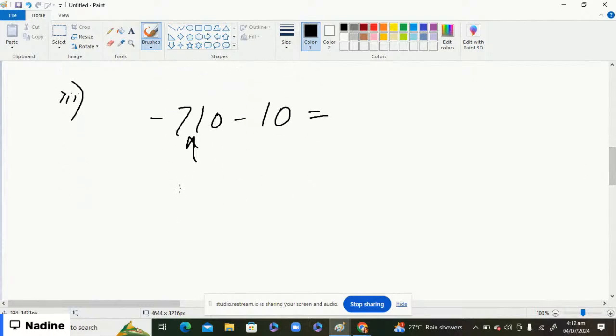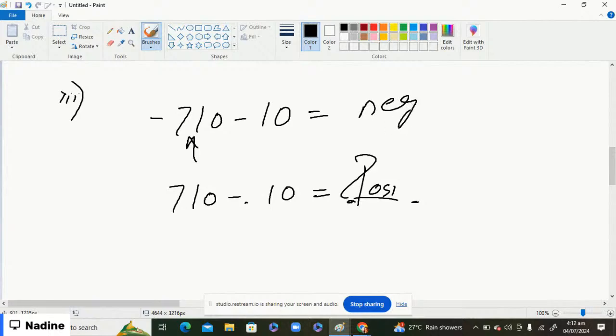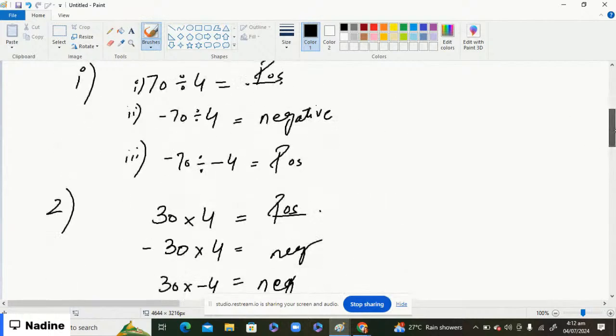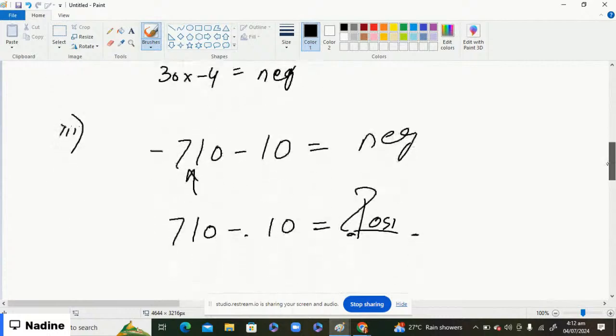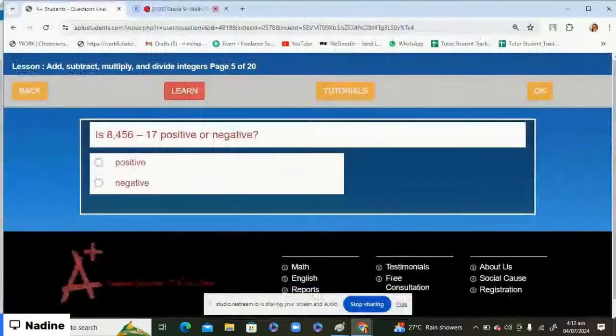The second thing: if there is 10 and minus 10, one is positive and one is negative, it is subtracted, but the sign you put is with the greatest number. So these are basically the division rule, multiplication rule, and addition and subtraction rules for integers. Understand? Now you solve the rest of the questions related to this lesson by yourself.